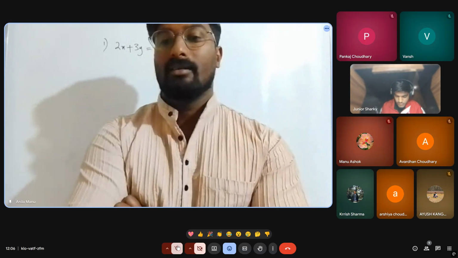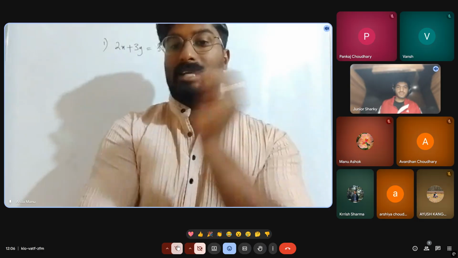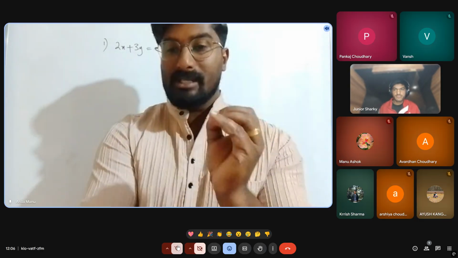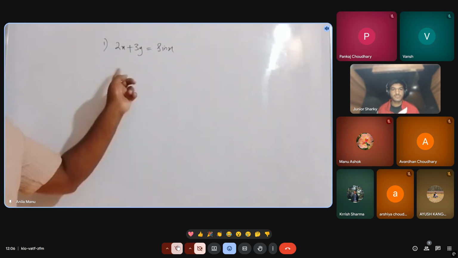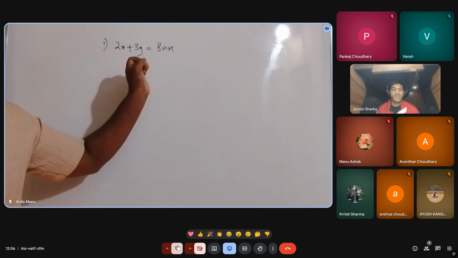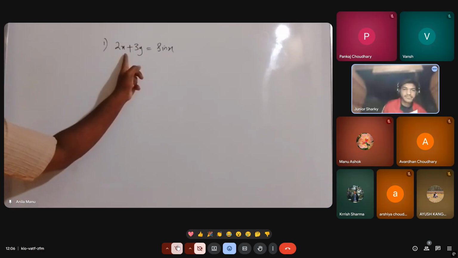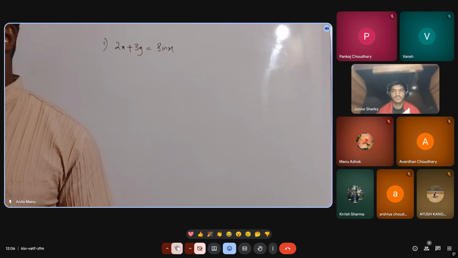The chain rule? Clear. After the chain rule, we have implicit and explicit functions. Consider this question. In all the previous questions the function was in terms of only one variable, but here you have two variables, x and y. So you understood that this is an implicit function.